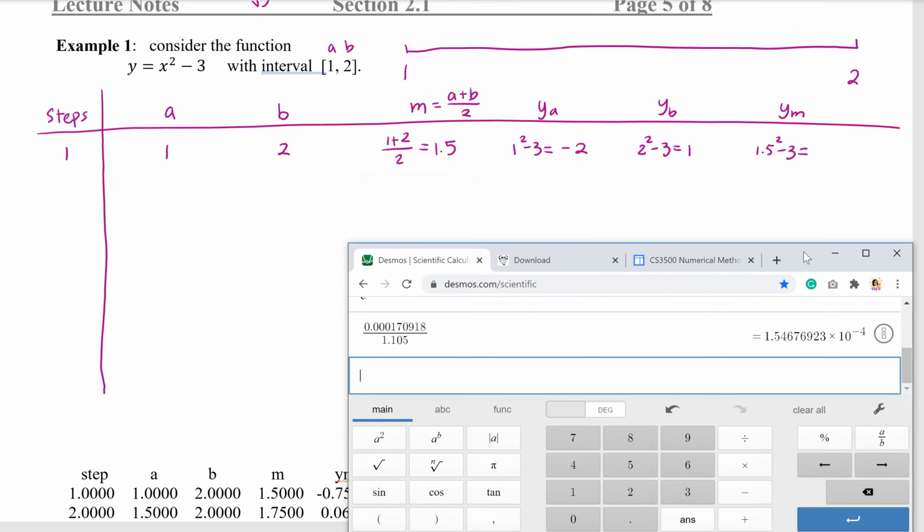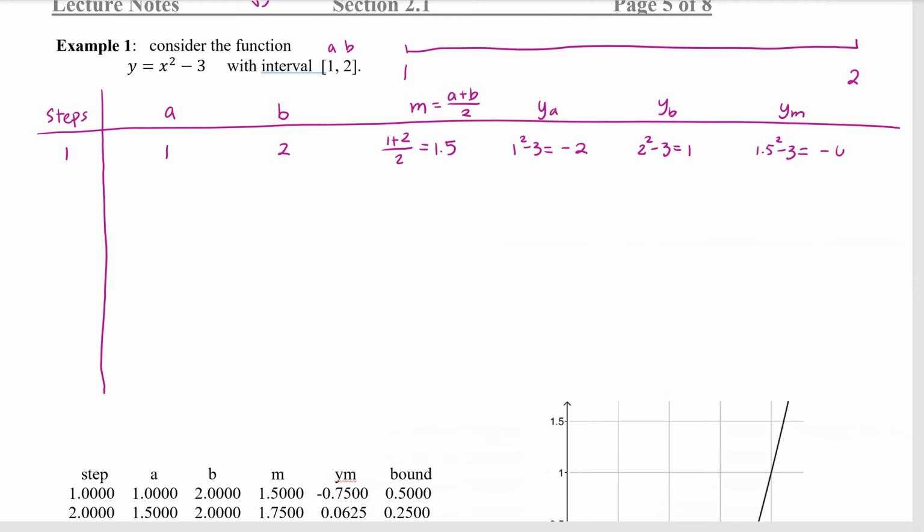Let me move it here. So we have 1.5 squared and then minus 3. The answer is minus 0.75. So far so good, everybody.